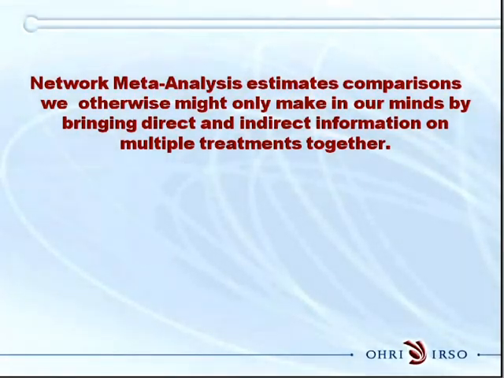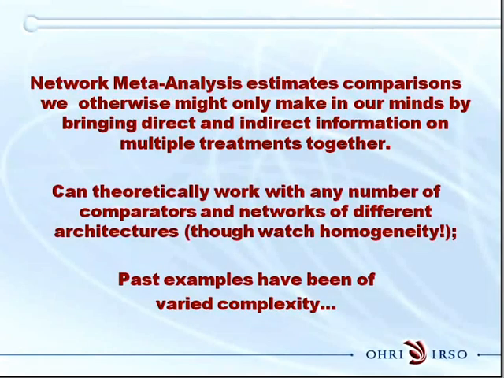So one important summary statement I'd make is that network meta-analysis estimates comparisons which we might otherwise only be making in our minds. By bringing all the direct and indirect information together on all of the treatments we're interested in, we can do one unified analysis we can interpret rather than reading many reviews. So it certainly offers us many benefits in terms of interpretations.